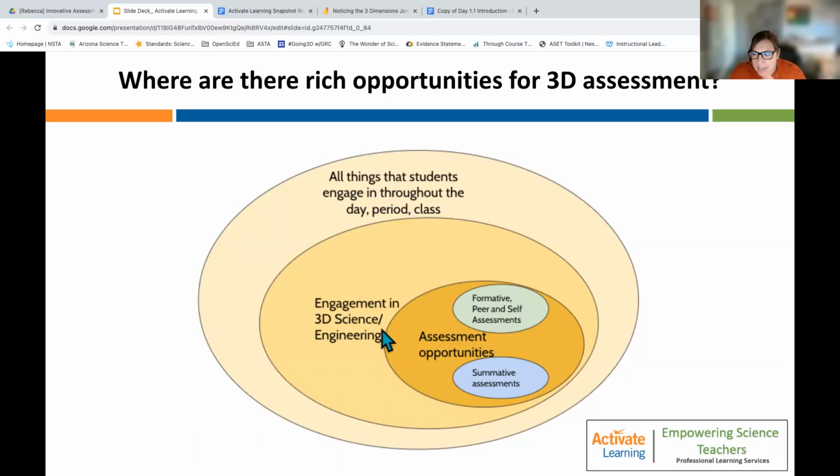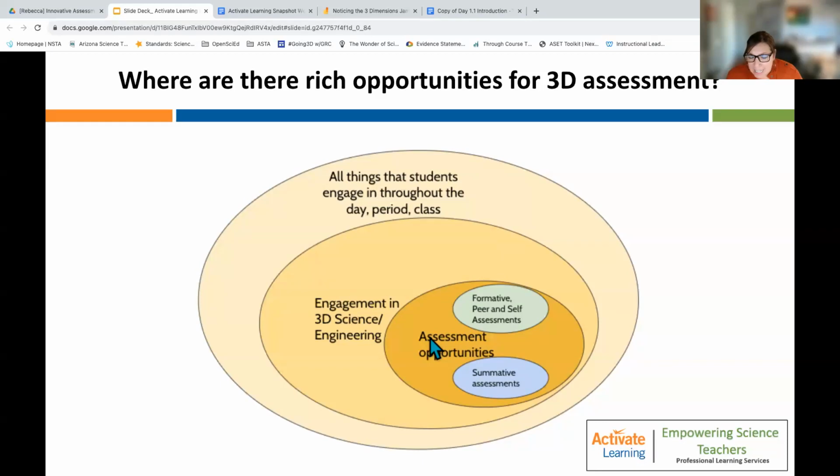Now, these OpenSciEd units that we're going to look at today are designed so that students are engaged meaningfully with the 3 dimensions in every lesson. Within those, and now we're coming to the middle, within those 3D learning opportunities, there are many opportunities to support student learning through 3-dimensional assessments.